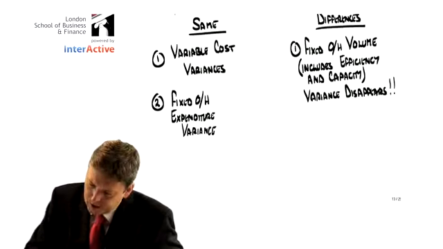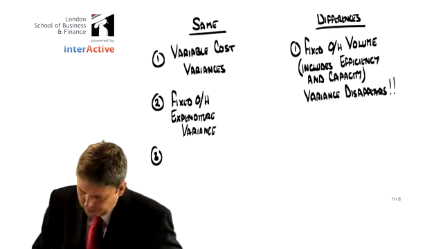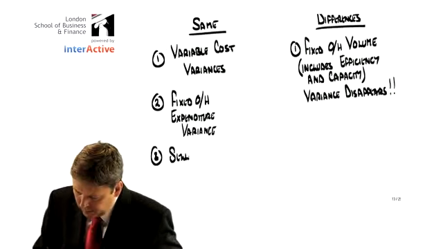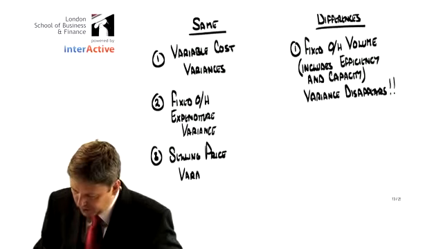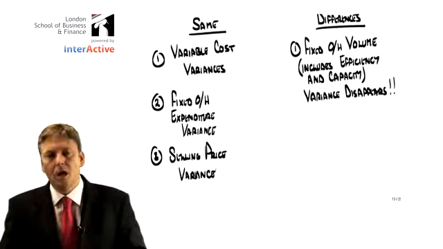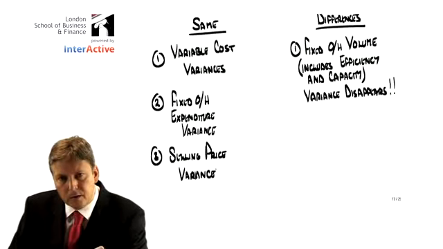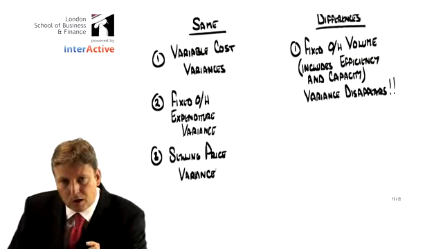What can we say about sales? Well, the selling price variance doesn't change. That's just the difference between actual and standard price. The only thing that changes is how we value our sales volume variance.